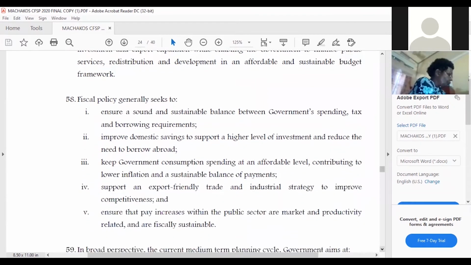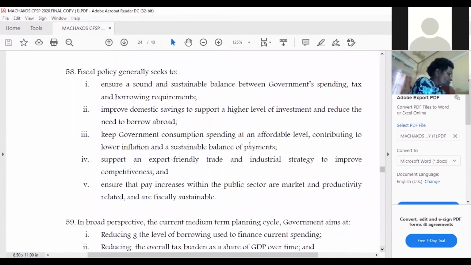So you can see here that the fiscal policy generally seeks to ensure a sound and sustainable balance between government spending, tax, and borrowing requirements. So government spending, which is expenditure, tax is like how the county government is going to generate income through own-source revenues, and also borrowing requirements.